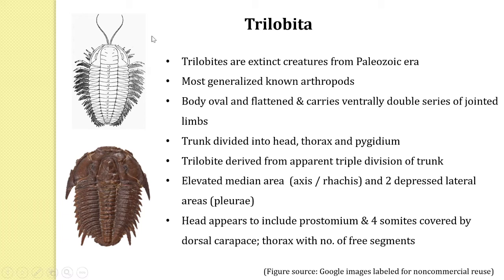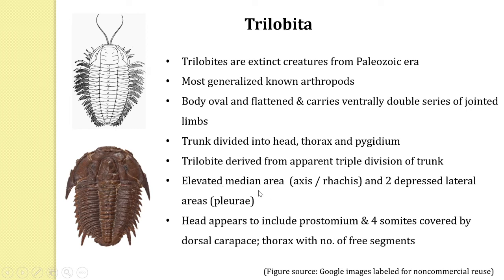This median area is referred to as the axis or the rachis. It is covered by two depressed lateral areas, so longitudinally it is divisible into three regions. Hence they got the name Trilobita.